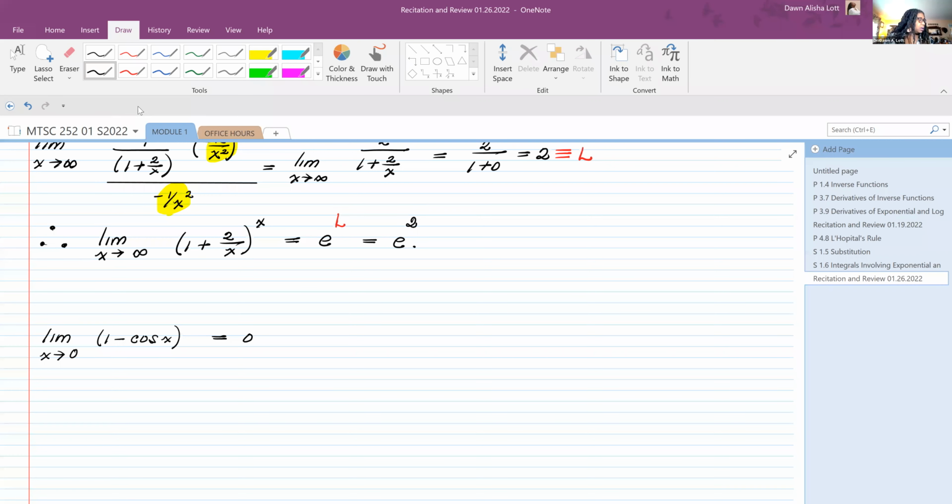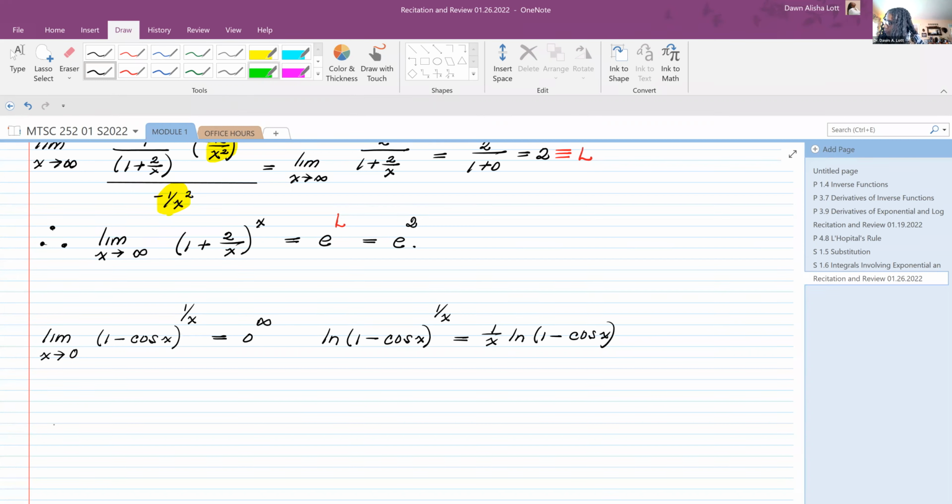I can make this go to the 1 over x. So now it's 0 to the infinity. All right, so I take the natural log of 1 minus cosine x to the 1 over x. That becomes 1 over x times the natural log of 1 minus cosine x.